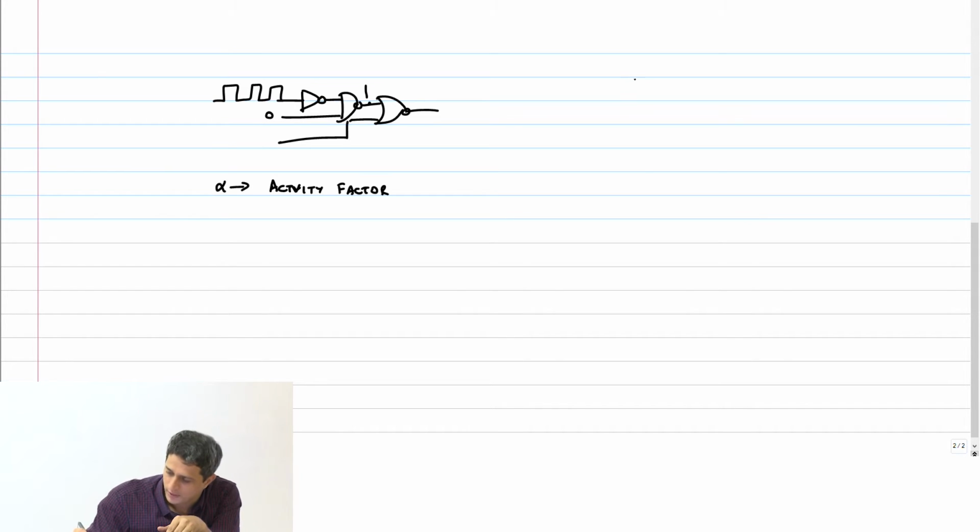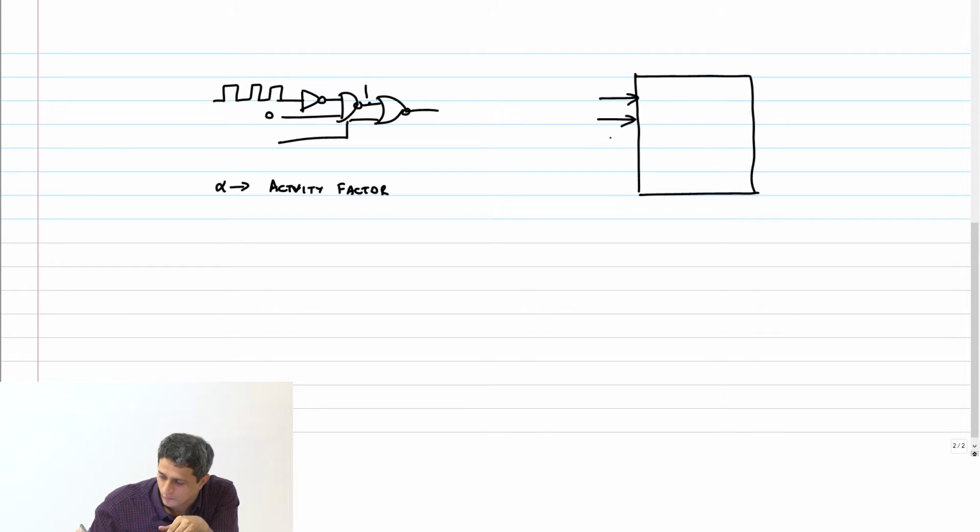Okay, so for example, if I have a circuit with n inputs, I1, I2, Im, and outputs O1, O2 and On, right?